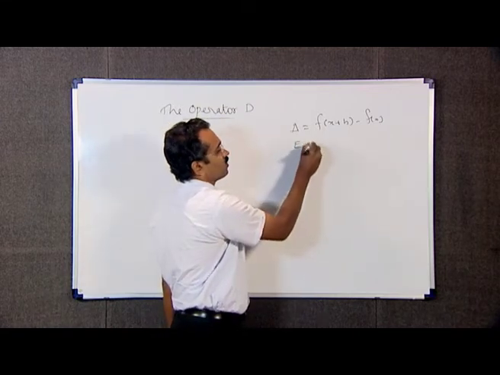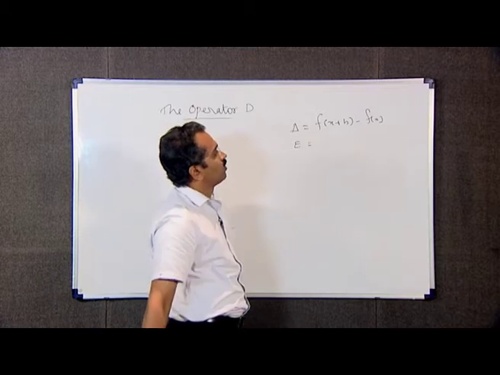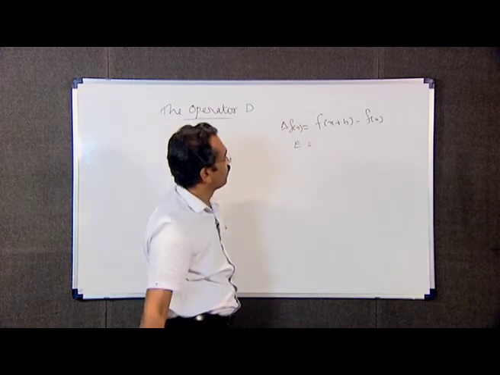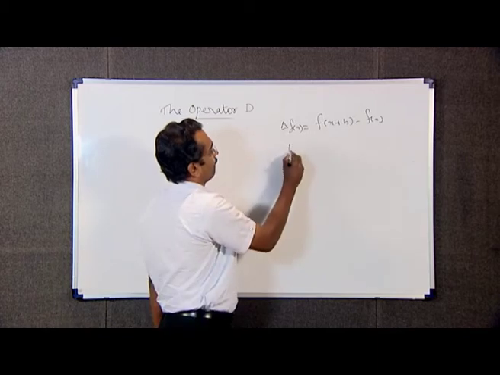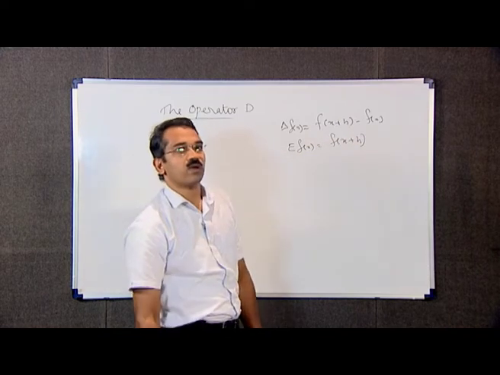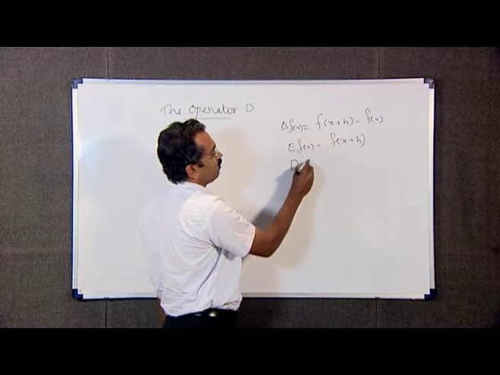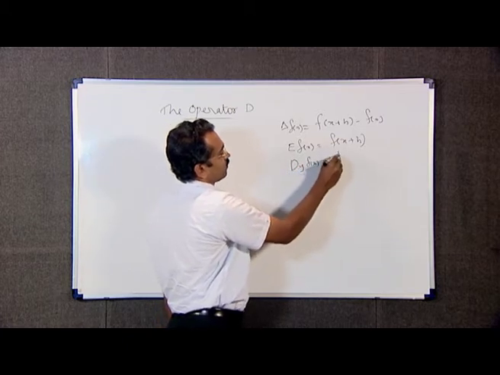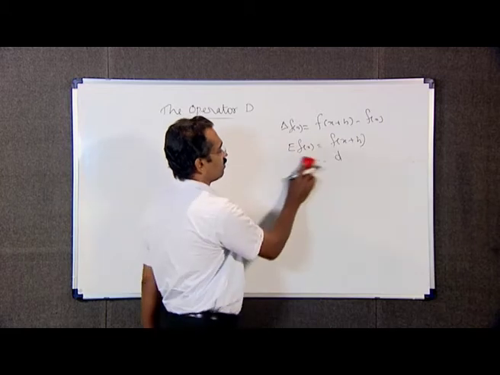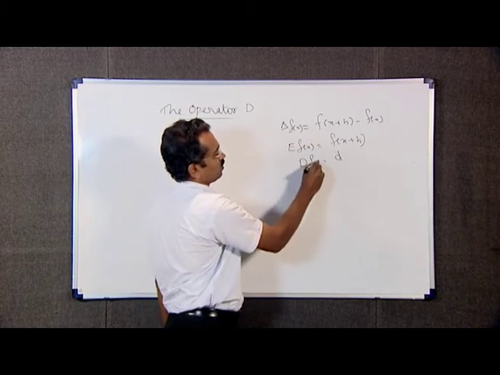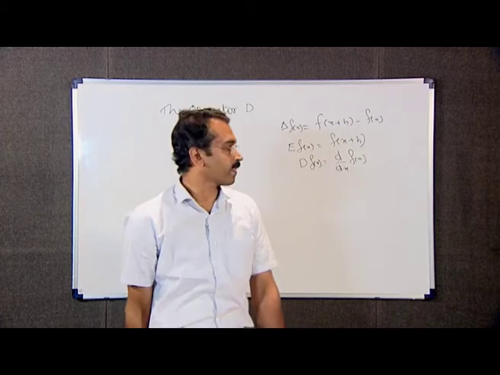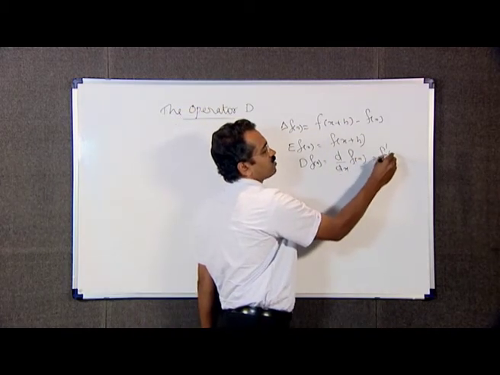The shift operator E of f of x is equal to f of x plus h, and D of f of x is equal to d by dx of f of x, that is the first derivative of f of x, which is denoted as f dash of x.